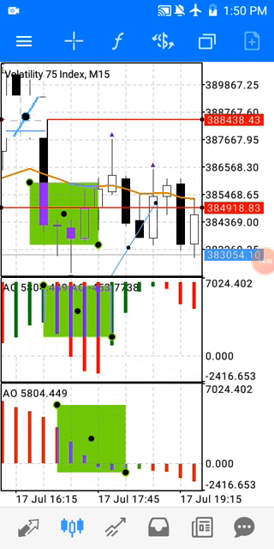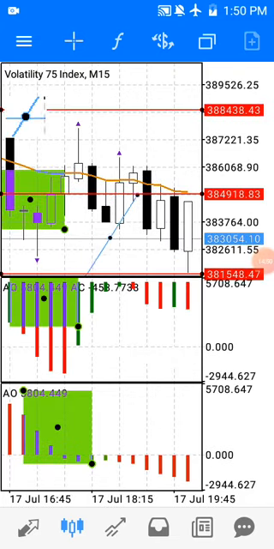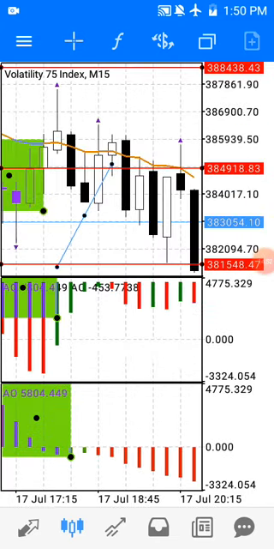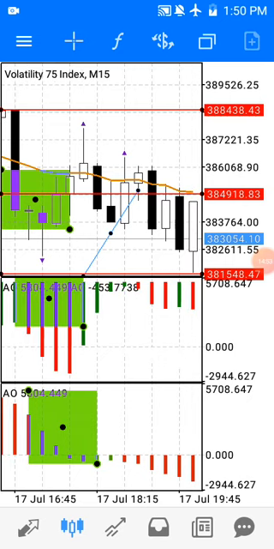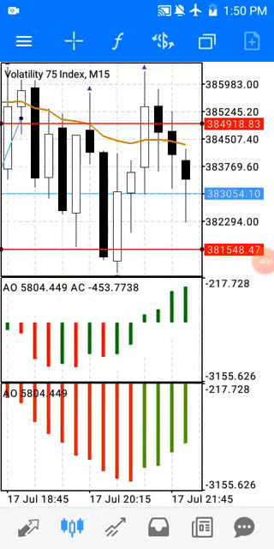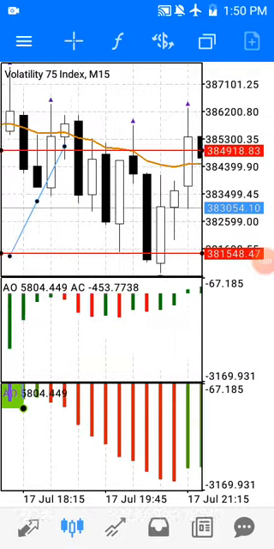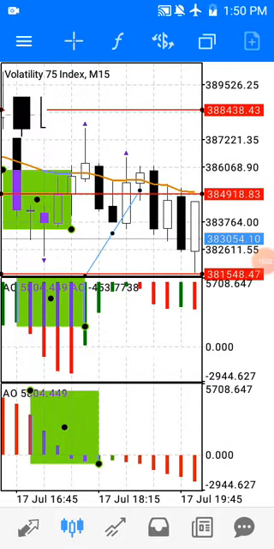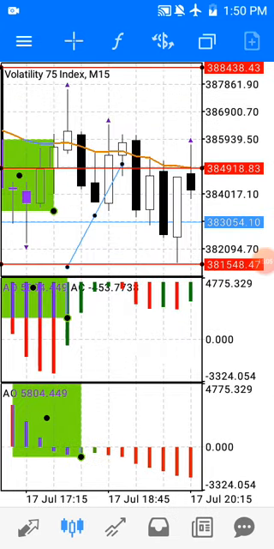Measure the same distance and mark your take profit at that depth. You can always set a trailing stop so that you can reap more profit, or you can move your stop loss into profit or to the break even point.